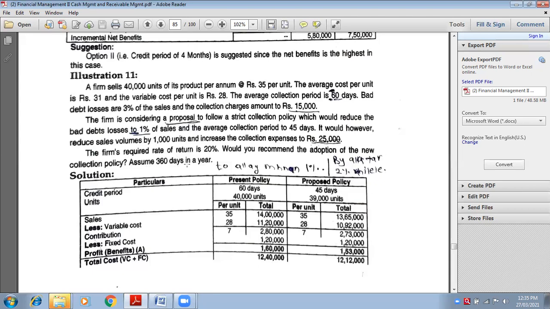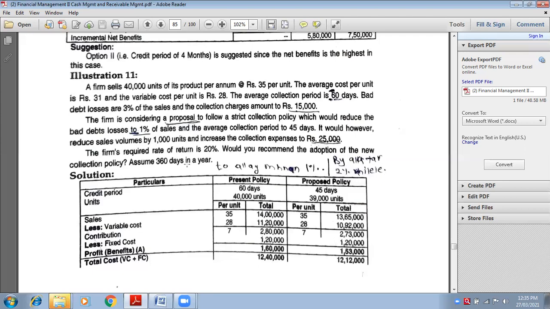So shall we start? Make 3 columns: particulars, present policy, proposed policy. On the topmost line of the page, write down statement of evaluation of credit policy.